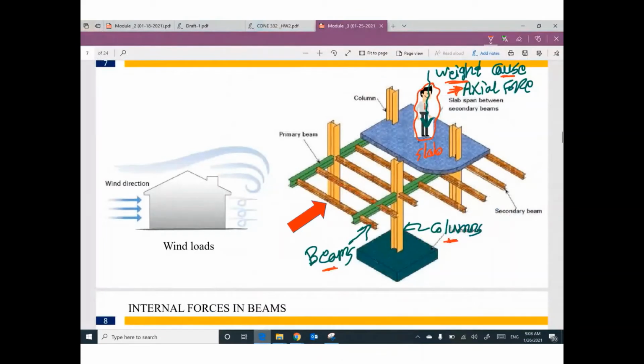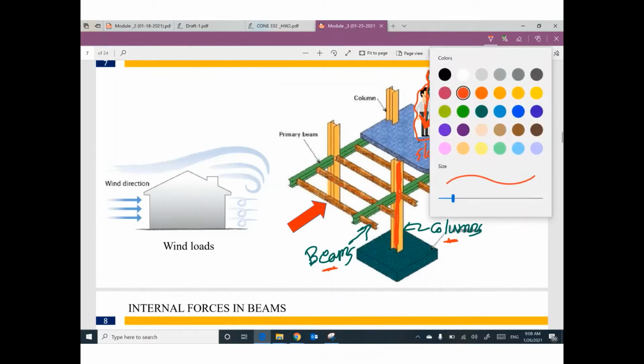Columns. For one reason. This vertical weight is parallel to what? The vertical direction is parallel to columns. So this weight will cause axial force in columns.